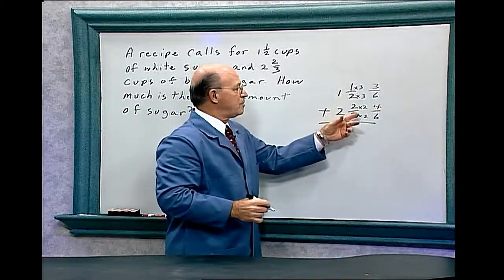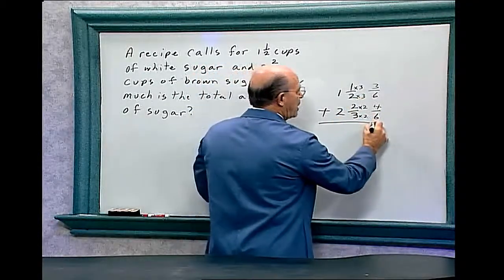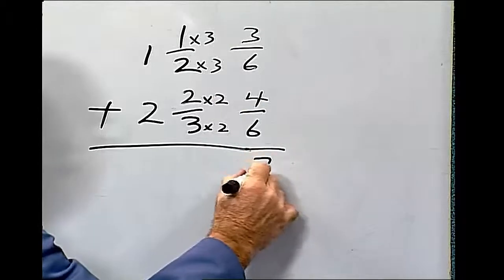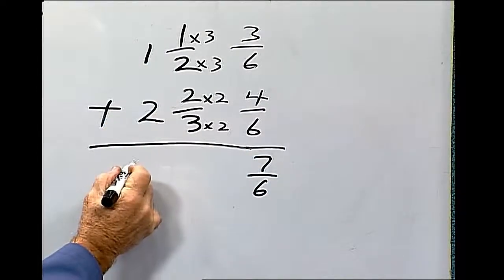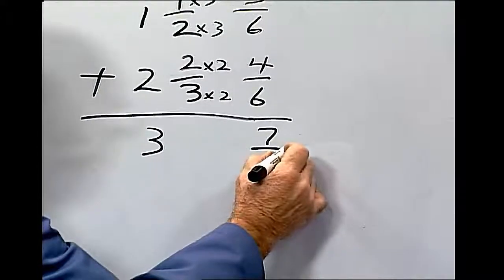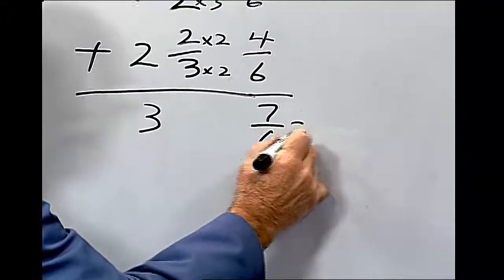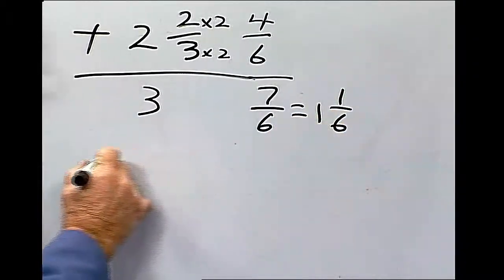Likewise, 2/3 is the same as 4/6. Now we can add these fractions together. That would be 7/6. 2 plus 1 is 3. We have to reduce this to the lowest terms, equals 6 goes into 7, 1 1/6.